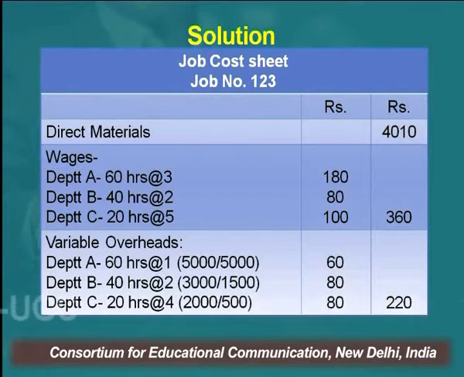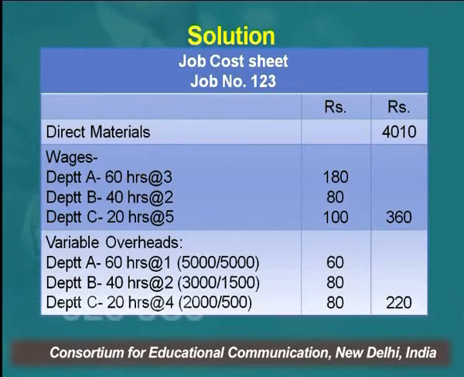And then the third expense is variable overheads. The overhead cost is given, the base is given. In Department A, this work was performed for 60 hours, and the rate is 5,000 divided by 5,000 hours, where the total overhead cost is 5,000. So the rate is 1 rupee per hour. So 60 hours multiplied by 1 rupee comes to 60 rupees.